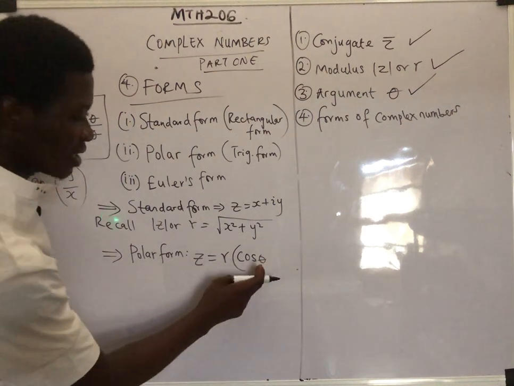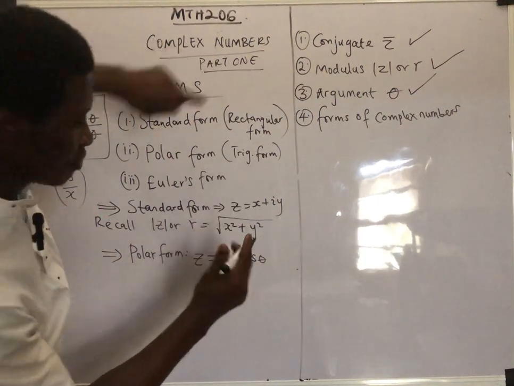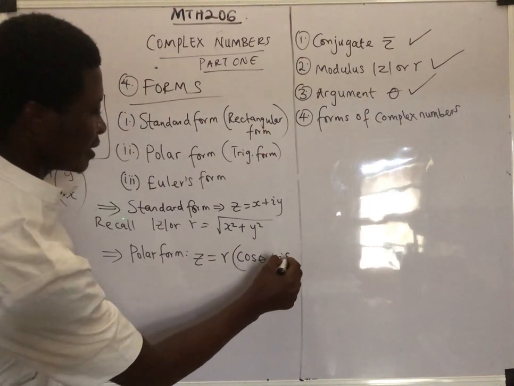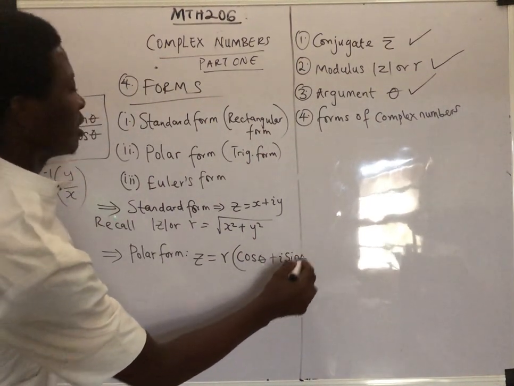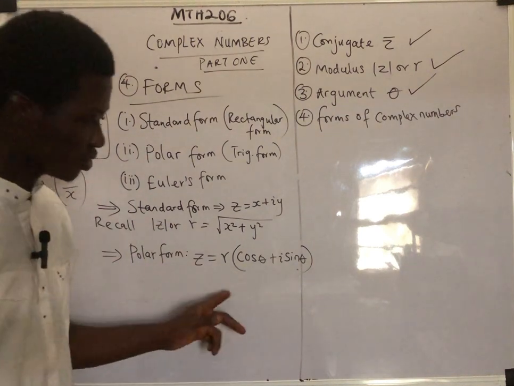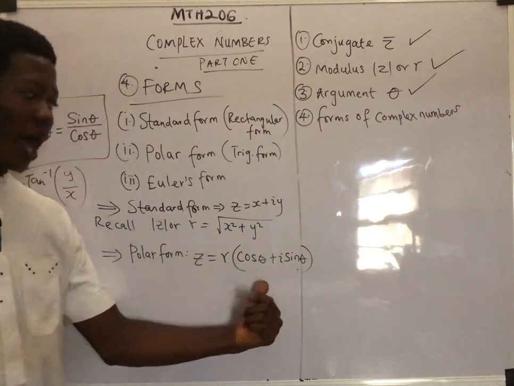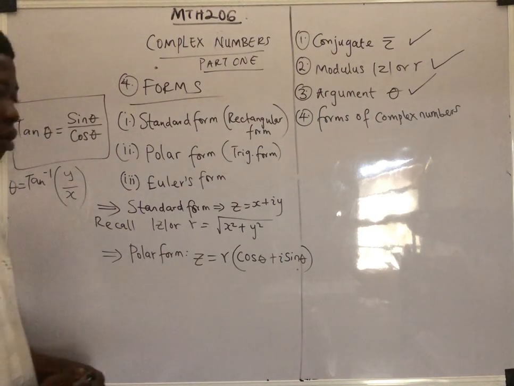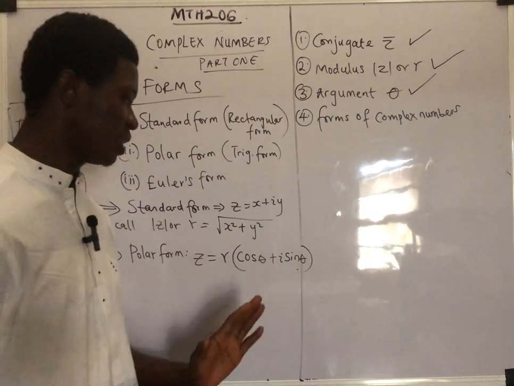Don't forget that this theta represents the argument. Then plus i sine theta. Okay, so this is the polar form.